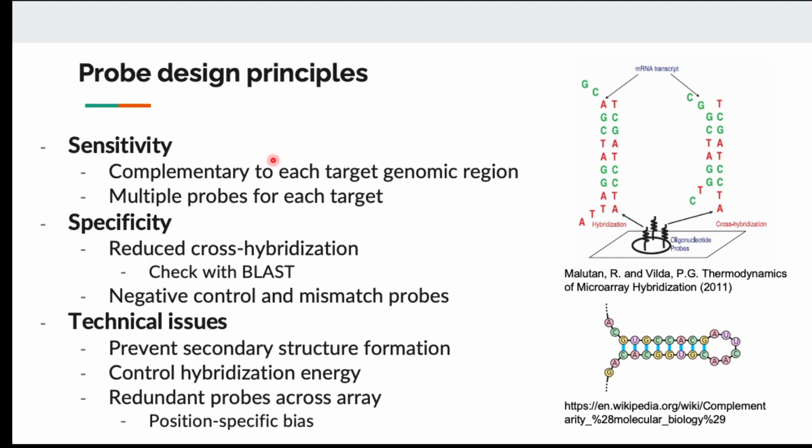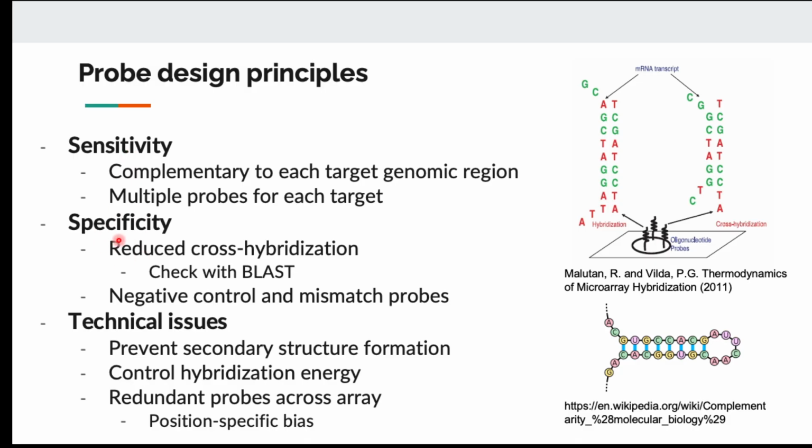So we need to know the exons first, so that we can design probe nucleotides that are complementary to the exon. And just to make sure, because an exon is long, we can also design probes to target different regions on the exon, so that we are sure that at least one of our probes will bind to it, so that we get the quantification for the gene. So that's to increase the sensitivity. We want to be able to detect the genes that we want.